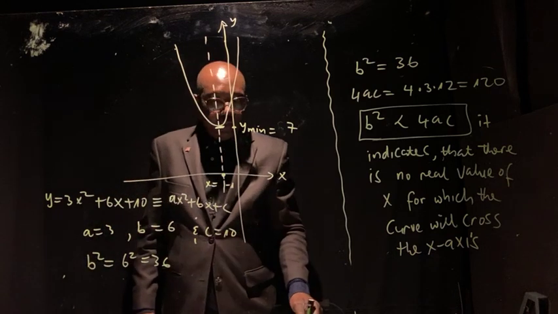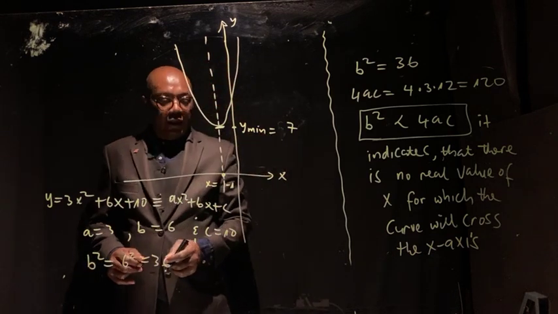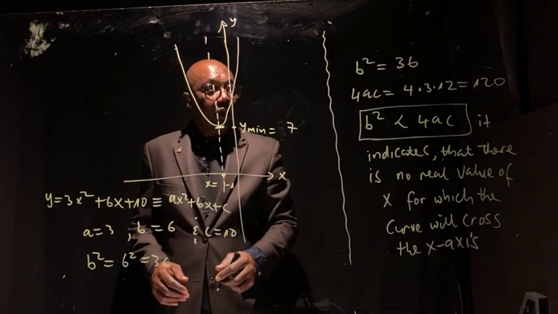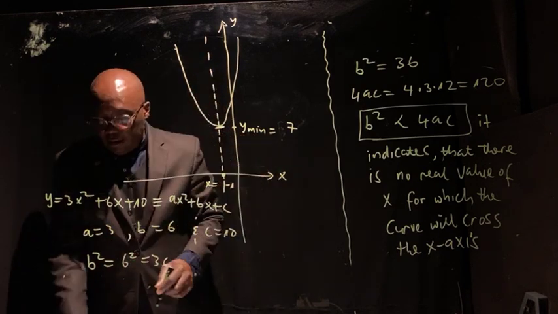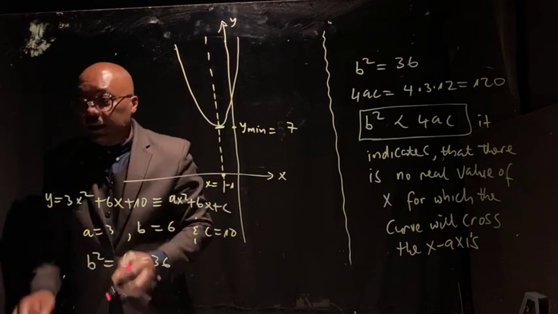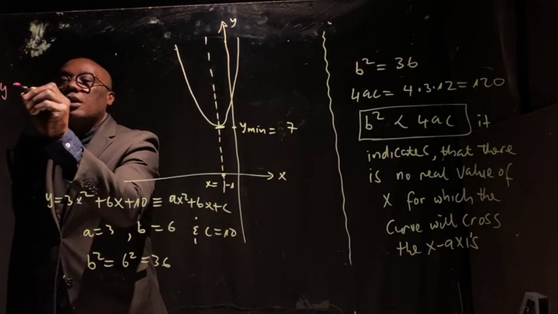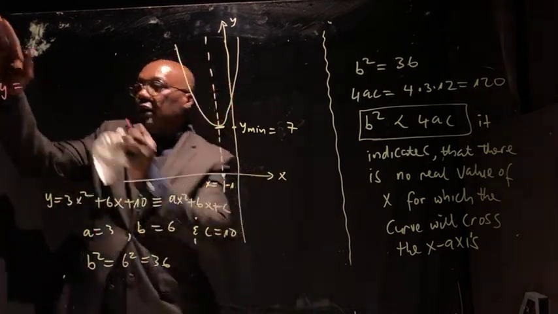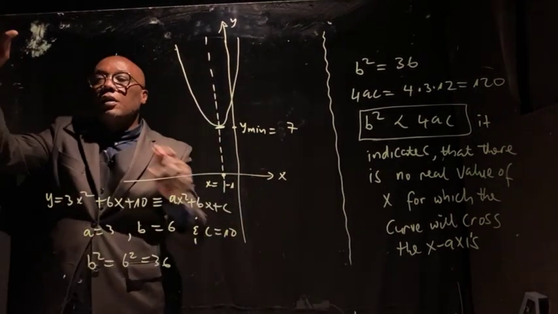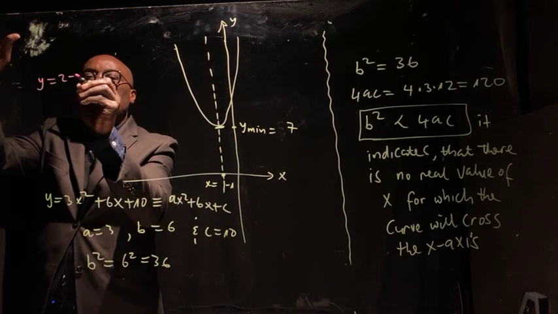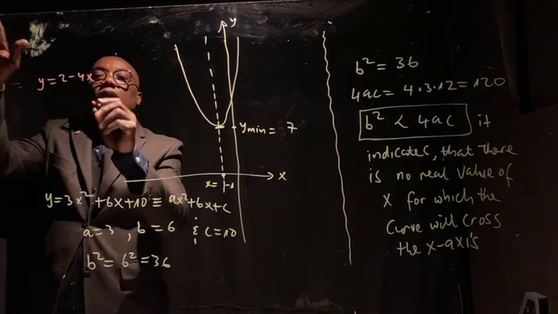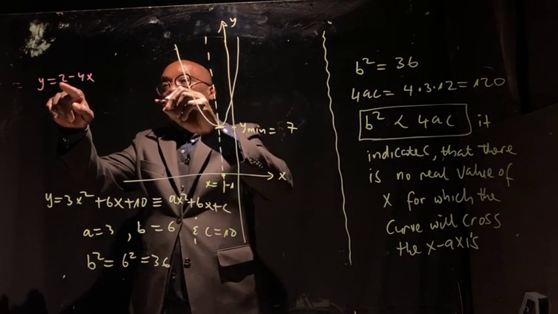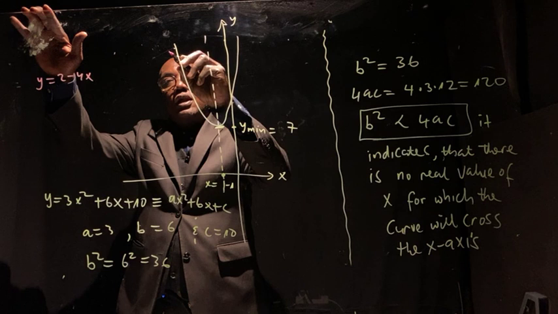Graphically, if we are to draw the graph, you can see that the line y equals 2 minus 4x is a line with negative gradient. If you draw this line, it will be something like this.